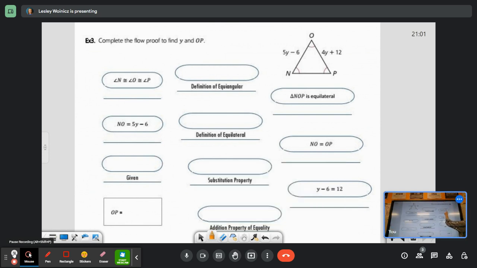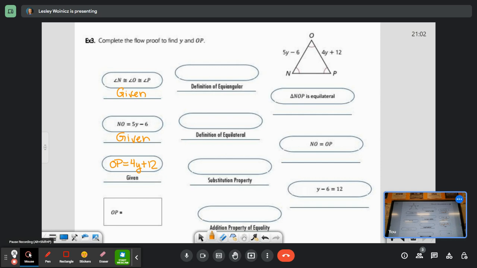We're given that the three angles are congruent. Given. We're given that the length of NO is 5y minus 6. That's given. And then the last piece of information is that the measure of OP is 4y plus 12. So OP equals 4y plus 12.